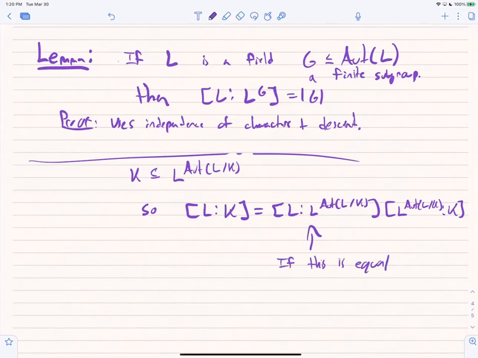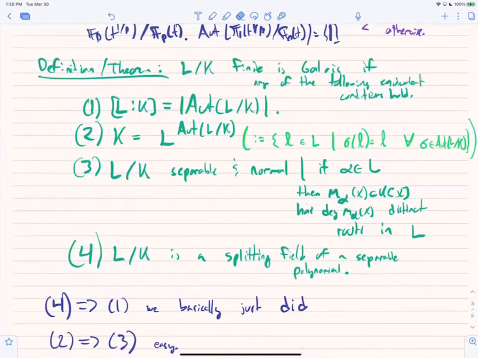So if this is equal to... so what I'm trying to prove. Oh yeah, okay, good.